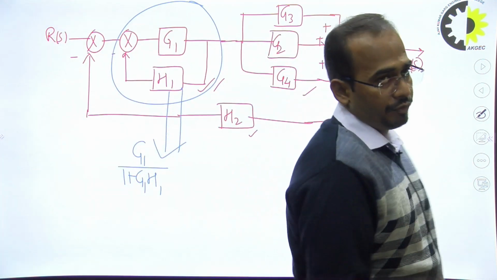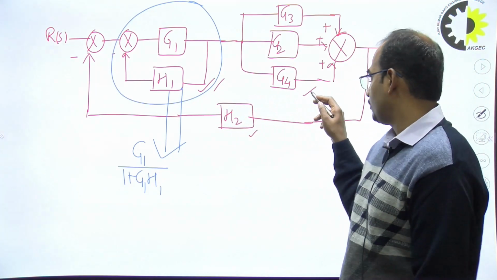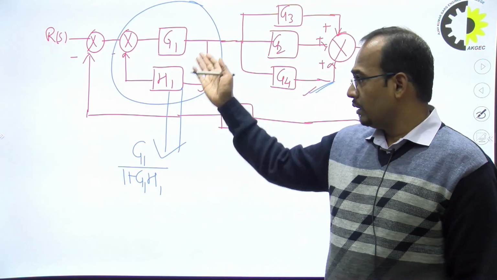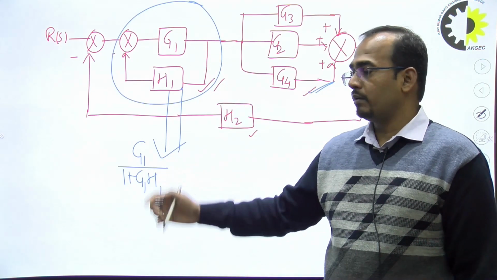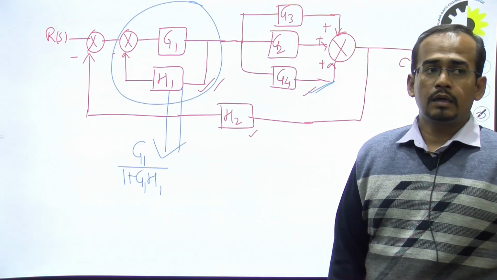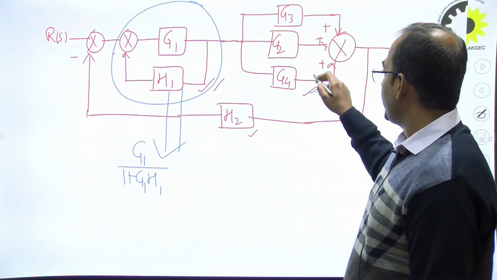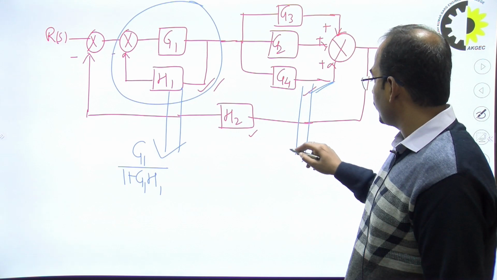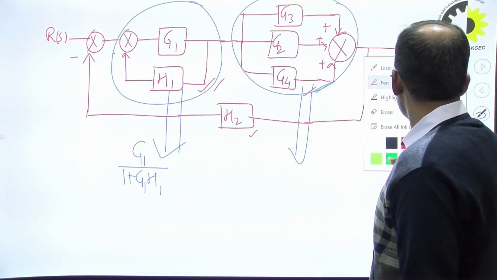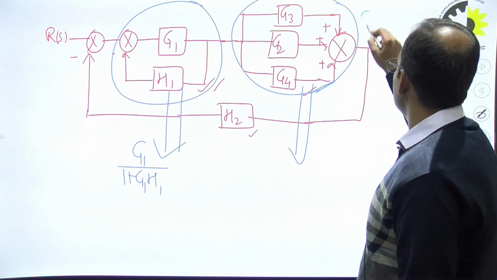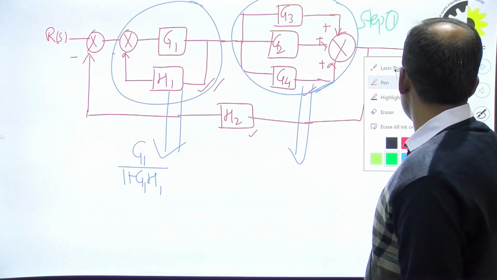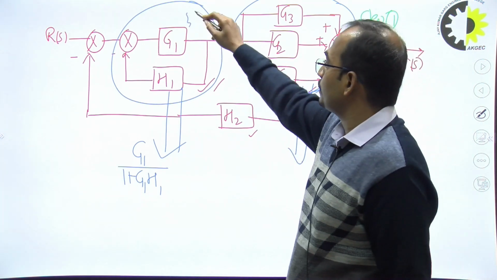We can first reduce this parallel connection, but it is clear from the block diagram, so you can directly do this conversion. So I am writing here, this is step 1, this is step 2.